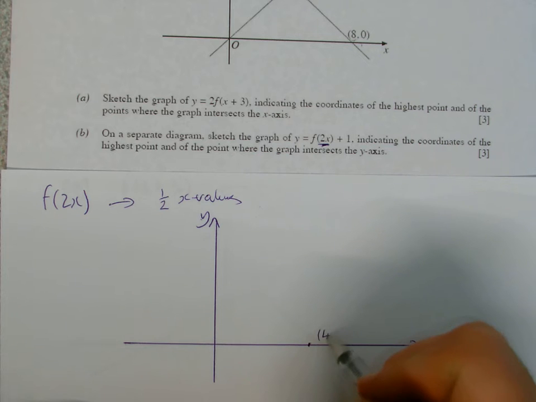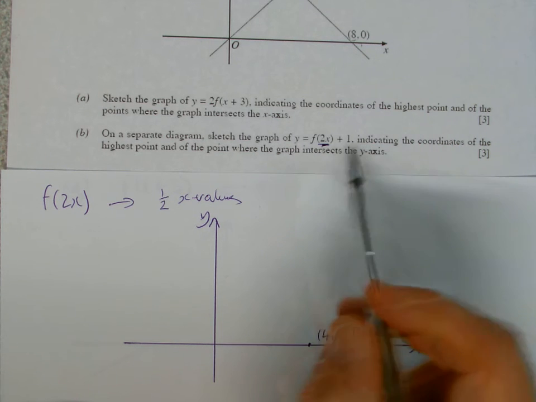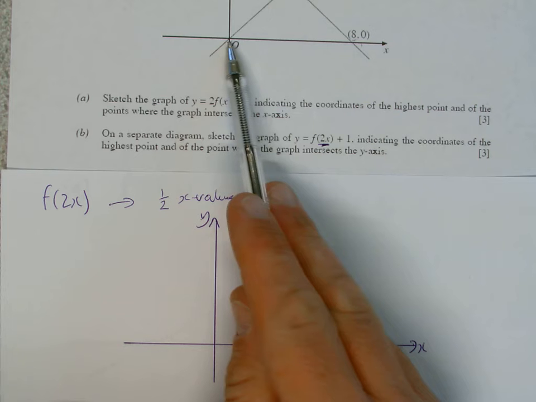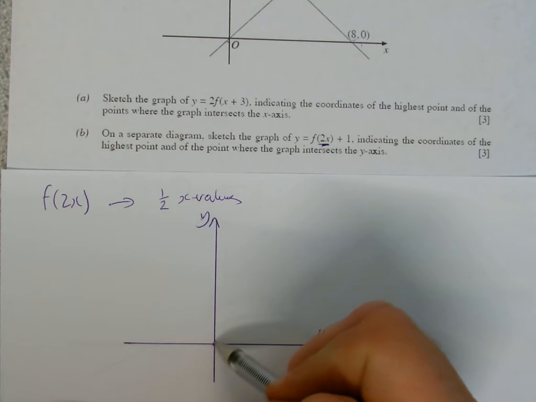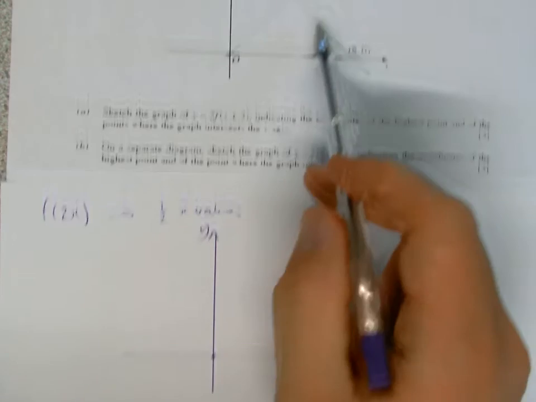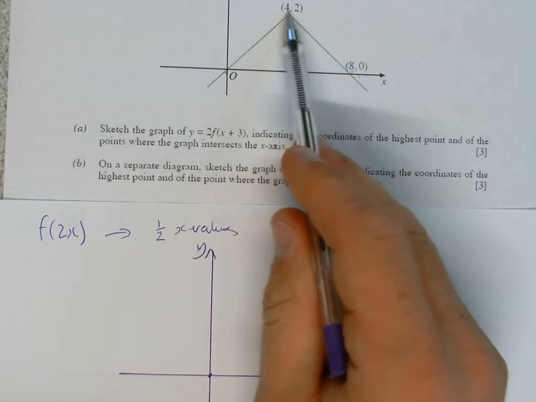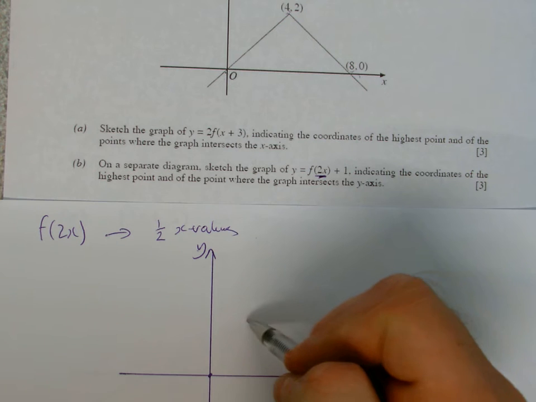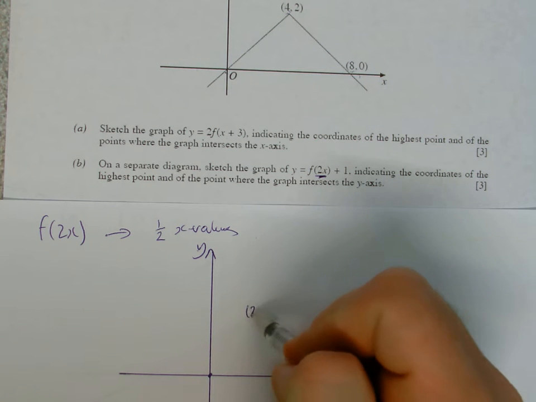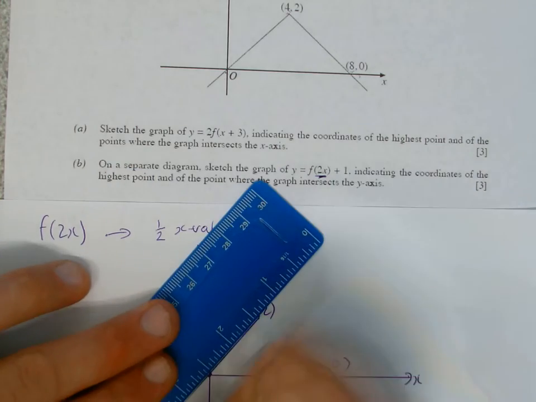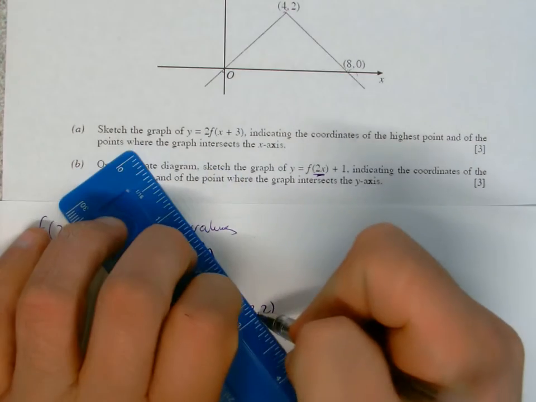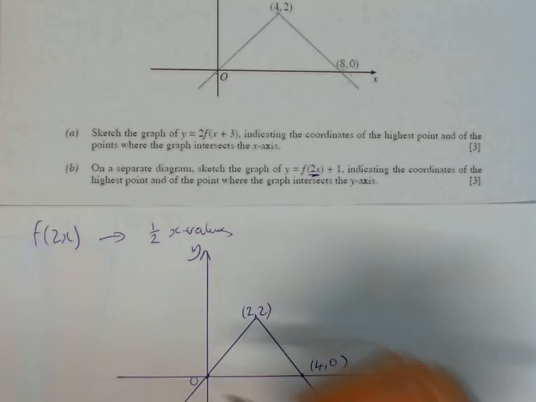The y value is unaffected. And then the origin, well, the x value there is 0. If you halve 0, you just get 0, so it stays in the same place. And then up here, if you halve the x value, half of 4 is 2, so it becomes 2. The y value stays as 2 as well. So that's f of 2x.